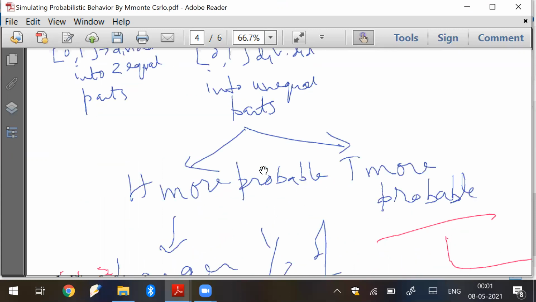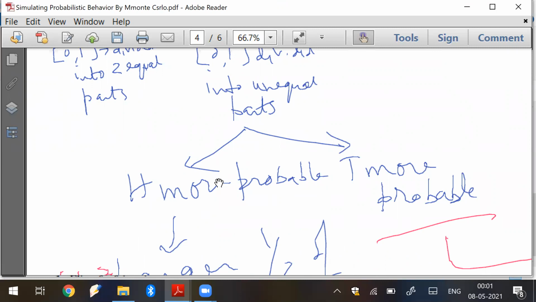Suppose it is given beforehand that you have to simulate, using some algorithm, the data set of an unfair coin toss where the coin is designed in such a way that it will give head more number of times compared to tail. That means head is more probable than tail.